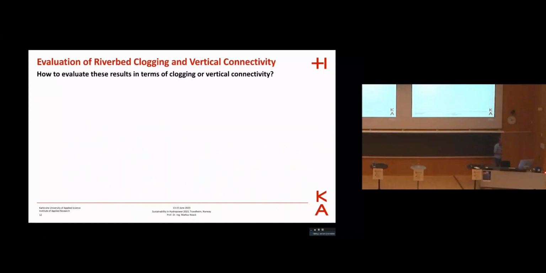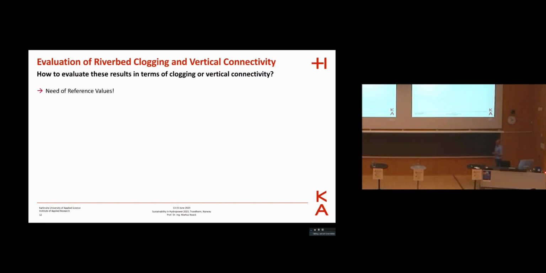Good. Well, but how can we now evaluate those measuring results in terms of clogging or in terms of vertical connectivity? So what do we need if we want to do an evaluation? And therefore, we need reference values.